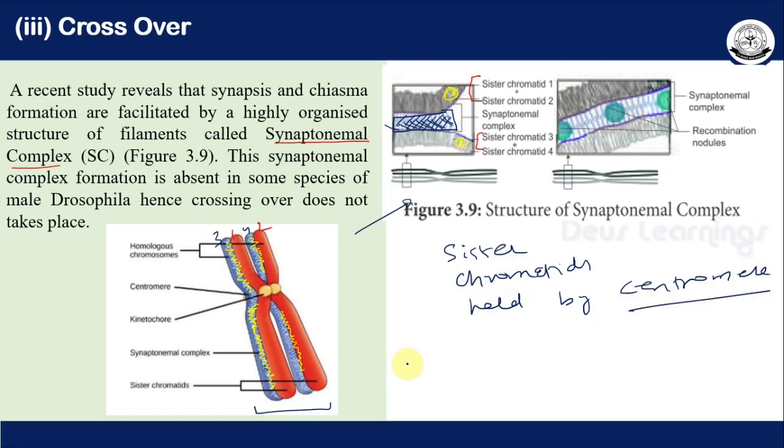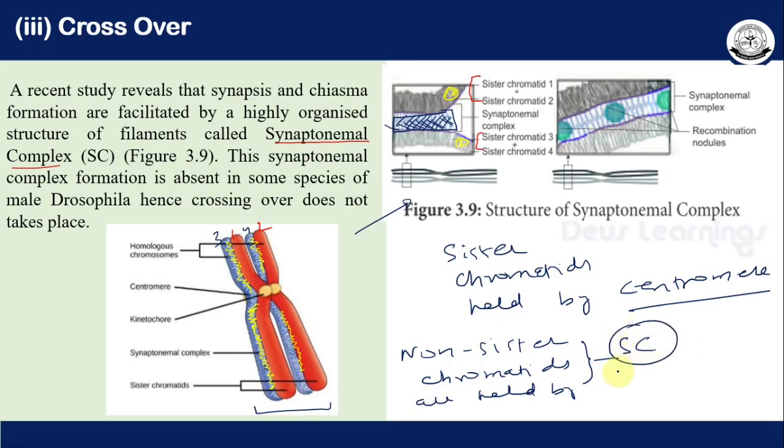And non-sister chromatids are held by the synaptonemal complex, right? So the synaptonemal complex makes them stay together.